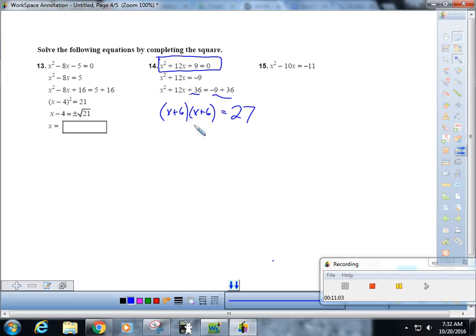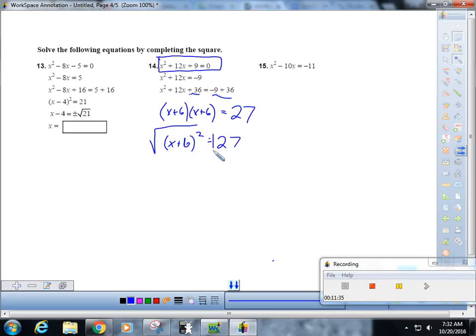All right, now stay with me here. How are we going to rewrite this? x plus 6 squared, and I'm just going to rewrite that as 27. Okay? Next step. I totally understand if you think that we should add or subtract 6 or subtract 36, but this is where it gets a little weird.